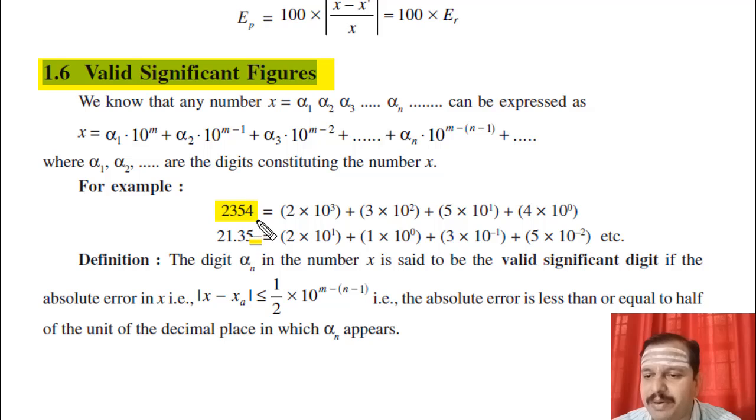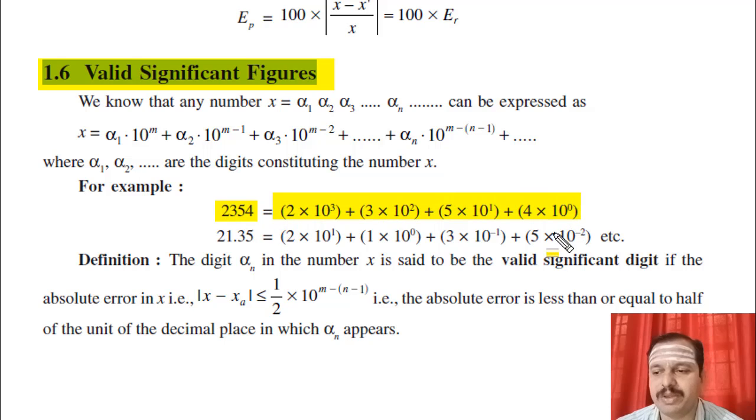If you have a number, for example 2354, right from our primary school we know how to write this number in an expanded form. It is 2 into 1000 plus 3 into 100 plus 5 into 10 plus 4, that is the unit place. This is the unit place, tens place, hundreds place, thousands place. So the expanded form looks like this.